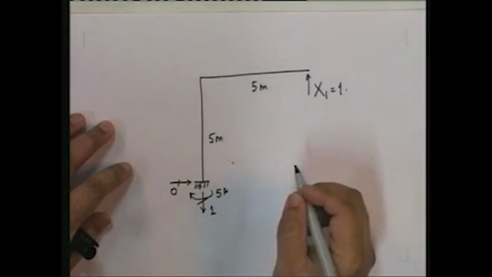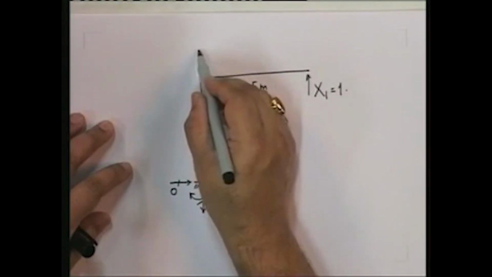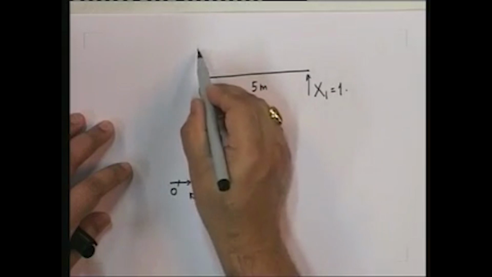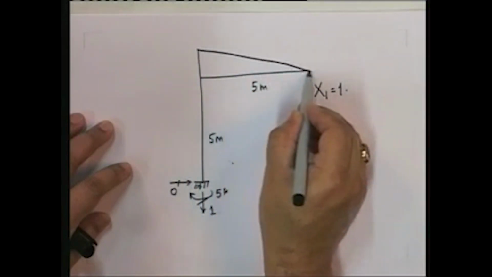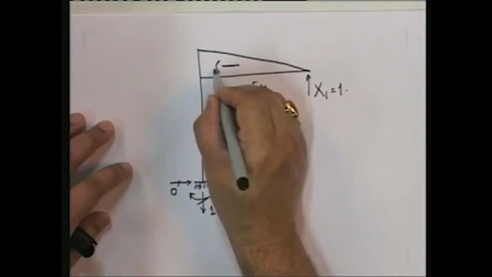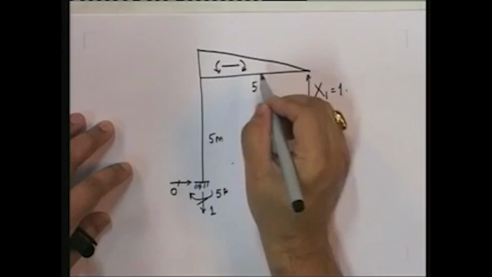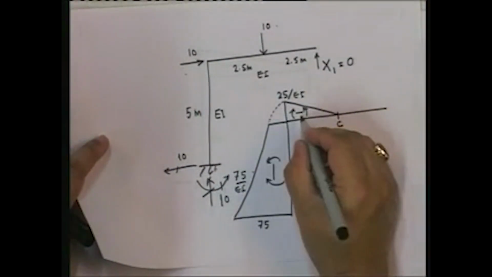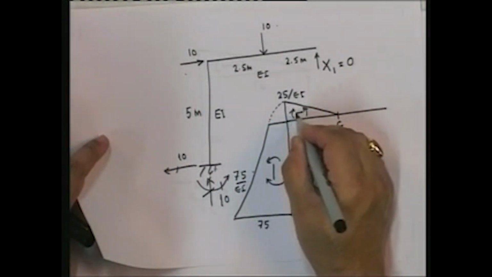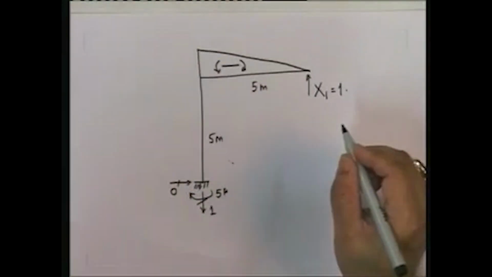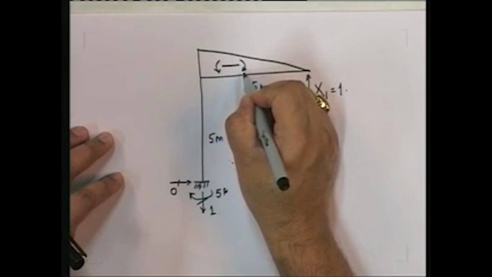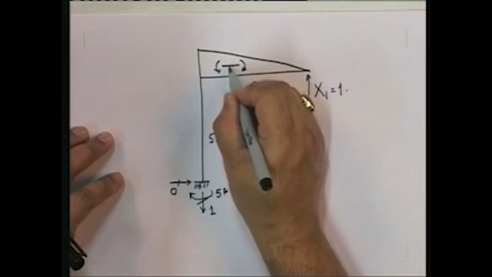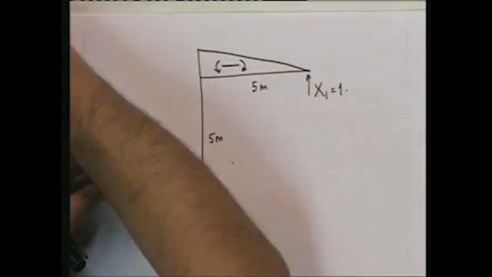Okay? And how will the bending moment diagram look? Note, I don't care which direction I draw the diagram, as long as I show the sense. I am drawing it in the same direction as that, but note that here the bending is hogging. In other words, tension at the bottom, compression at the top. Here it's sagging, so it's going to be, sorry, just the opposite.